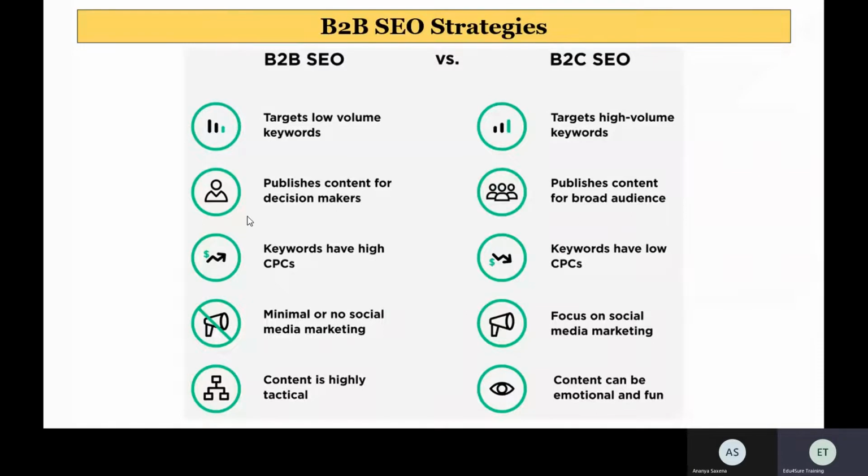She's looking for a company, an agency for website development or a training company. So a decision maker searches this way, and that is usually a low volume keyword. But people like you are more in number, so the search is also more, and you can search other things as well, like online training courses.